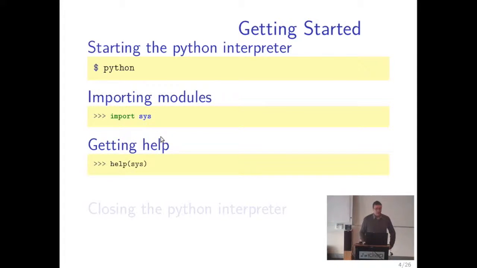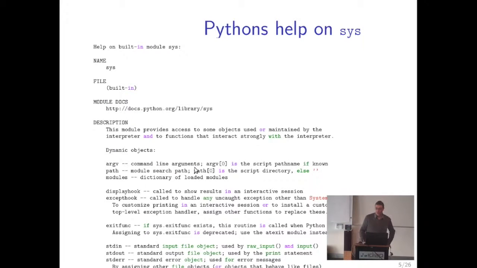And since you probably do not know what is in this sys module, there is an integrated help function in Python, so you can just type help, then you give the sys module, and what you will get is a help page like this, which says that it's a built-in module, where you can find documentation, and what is contained in this module.